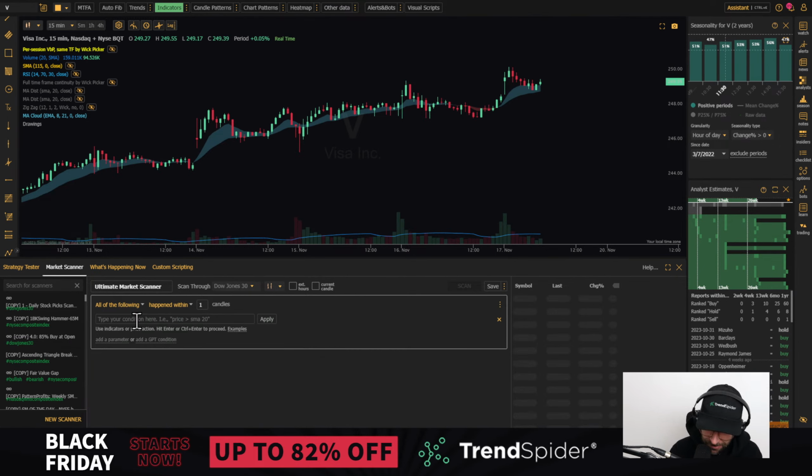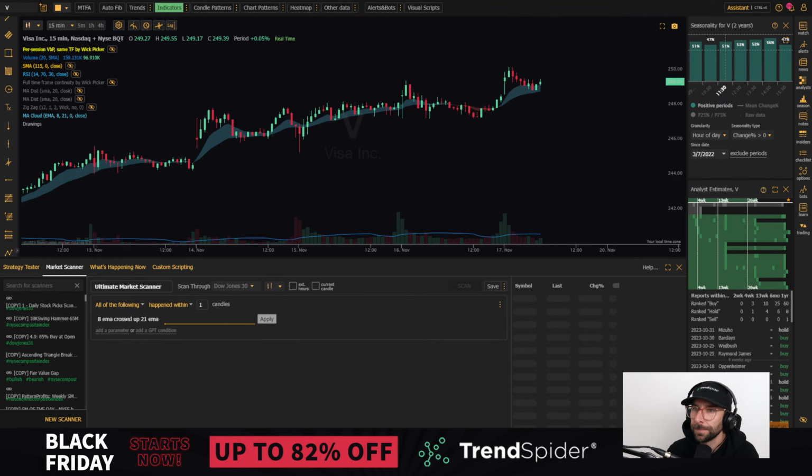We'll say 8 EMA crossed up 21 EMA. So it's going to build this for me. Cool. So here's the 8 EMA crossed up on the 21 EMA. And let's say I wanted that to have happened right now. So I'm going to say happened.